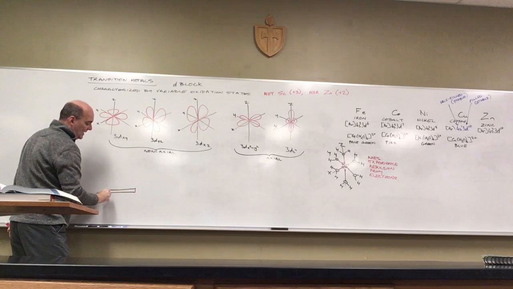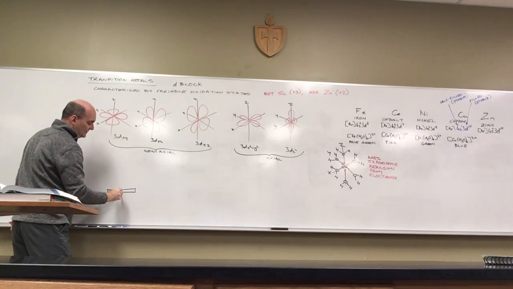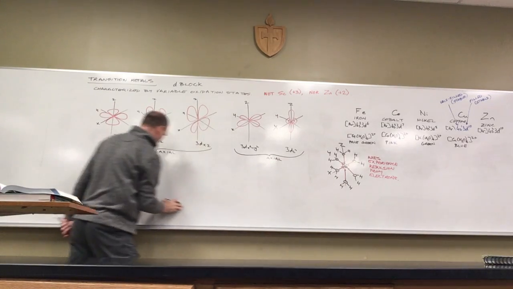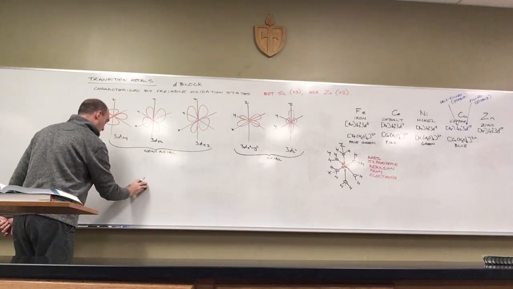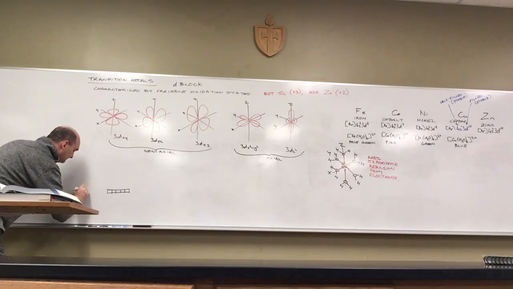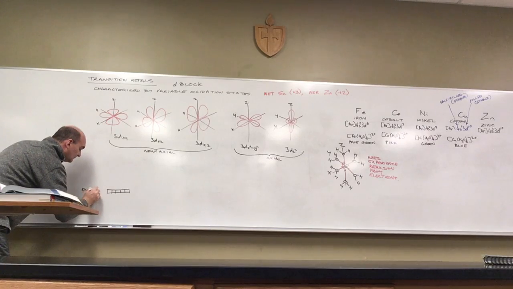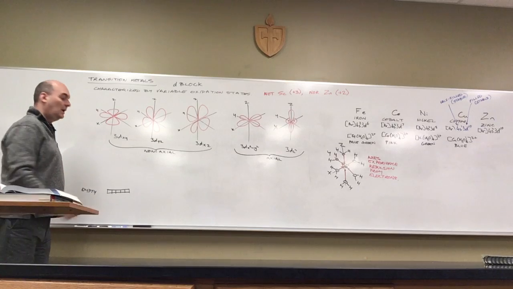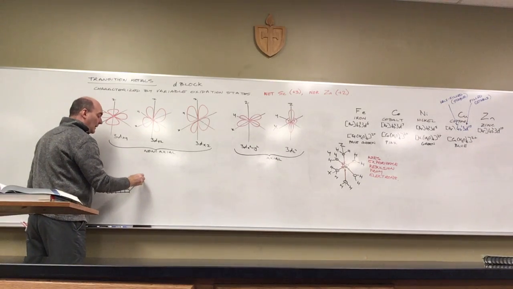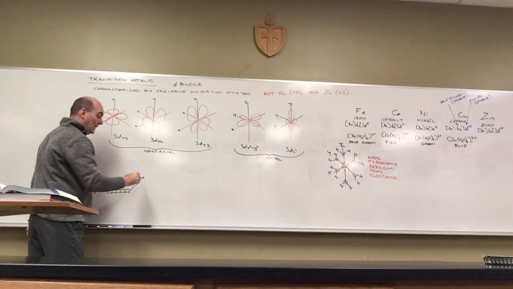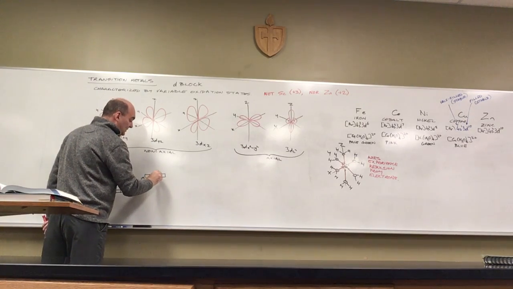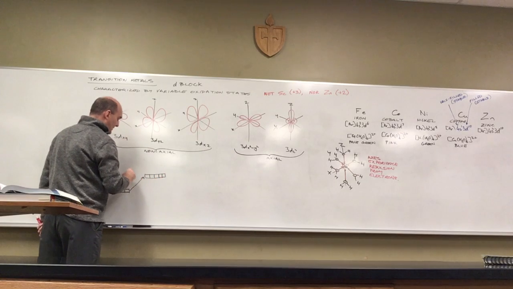So here's what we're going to see. I have five orbitals, and they're empty. And then I'm going to fill them. When I start to fill the orbitals, they go up in energy, because I now start to put electrons into them.